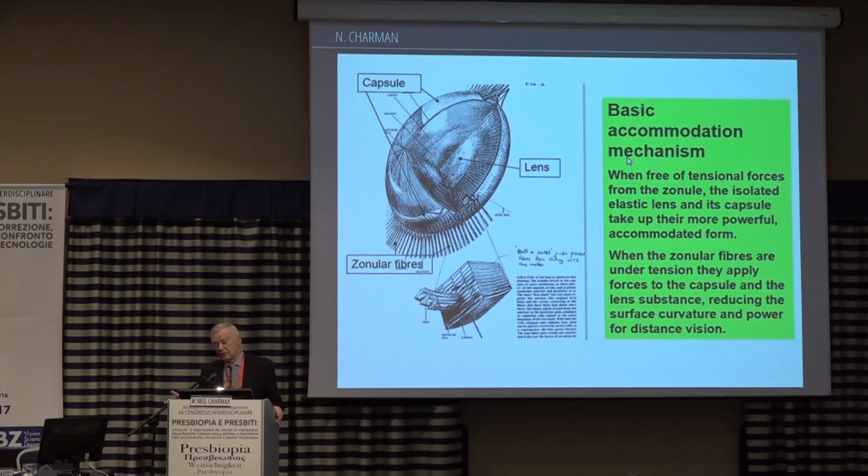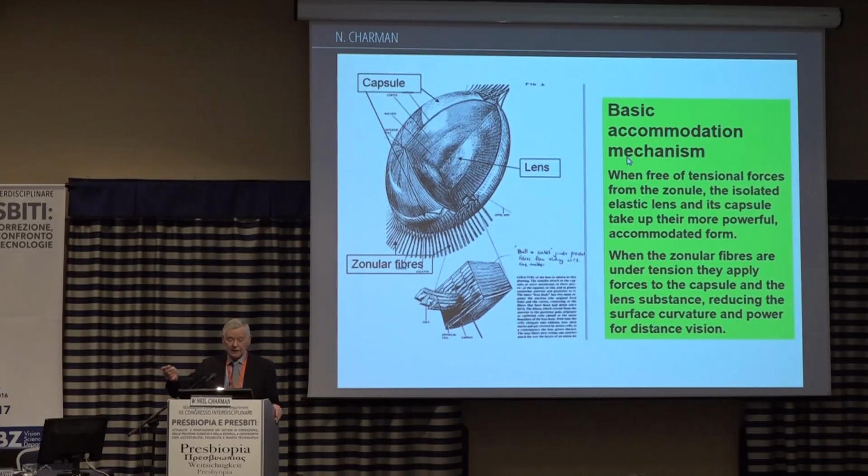And in the 19th century, of course, Helmholtz probably formulated the clearest idea of what he believed was the basic mechanism, which he suggested that when free of forces from the zonular fibers, which are supporting the lens, when these fibers were slack, the isolated elastic lens, rather like an eraser, it's elastic, was shaped by its own elastic forces and the forces imposed by the elastic capsule into a more convex form.